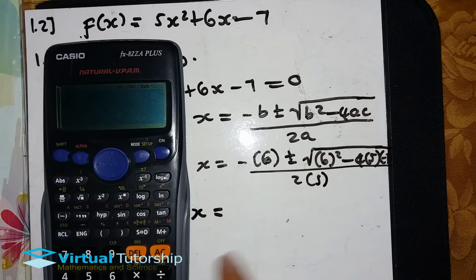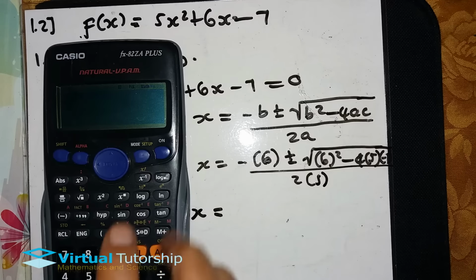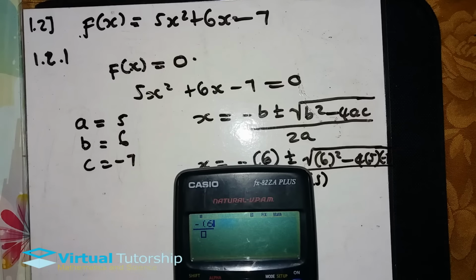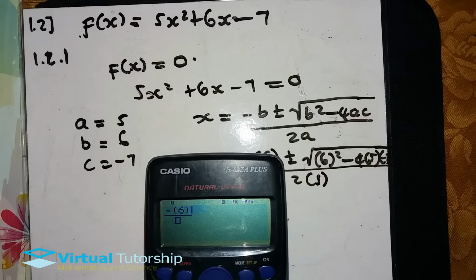It will be minus 6, negative 6 plus, let us start with plus 6 squared minus 4, a is 5, and then c is minus 7. By the way, here it is not clearly visible. So 2 times 5, a is 5.